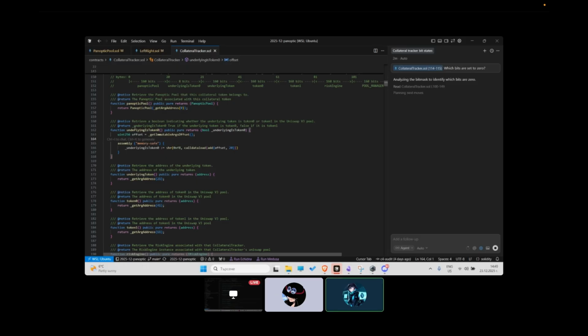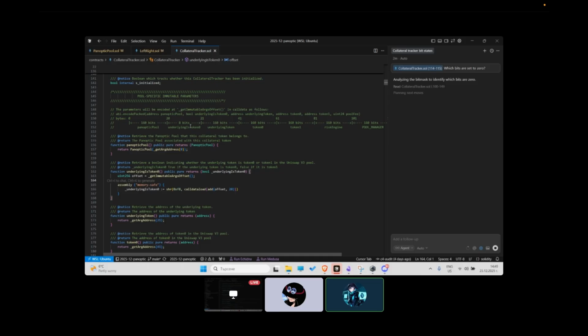They explain this, look at the comment above, the big one around line 1150. Yeah, so the pool underlying is token 0, underlying token 0, token 1.